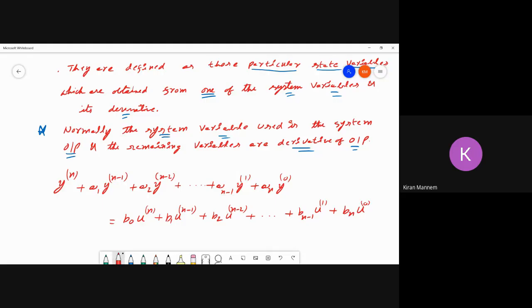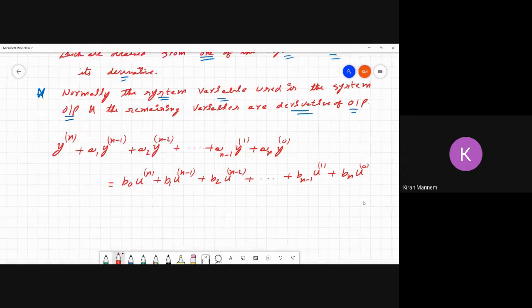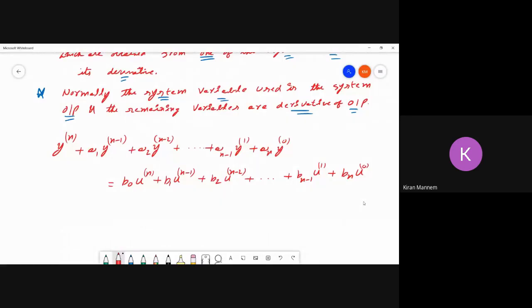The a's and b's are constants, and y to the power of n is the nth derivative with respect to time.